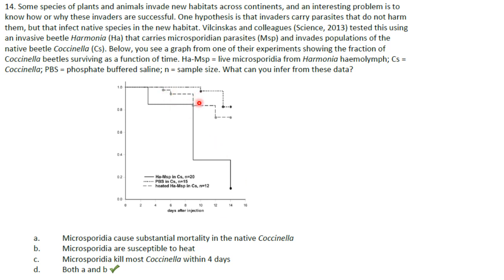That is why the number of individuals decreases from 100% to only 70 or 80%, showing microsporidia are susceptible to heat. If it was resistant to heat, you would have got a graph similar to this, but that is not the case. So both A and B are correct. Answer is option D.